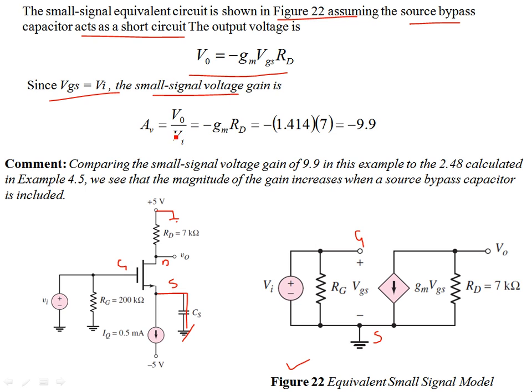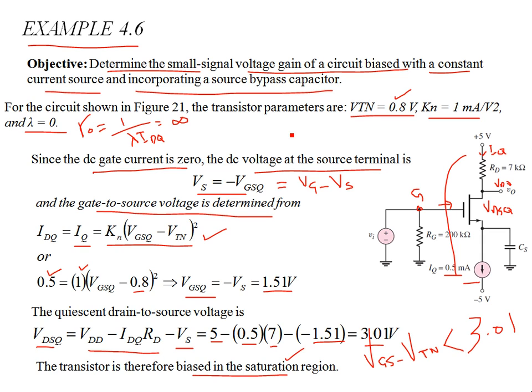The small signal voltage gain is thus, if you take this VGS down to the denominator on the left hand side of the equation, V0 over VI is minus gm RD, and just plug in those values. The transconductance gm can be found from the conduction parameter of the transistor and the quiescent current, as twice the square root of Kn, which is unity, multiplied by 0.5.